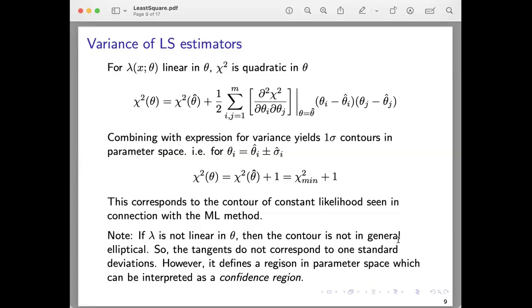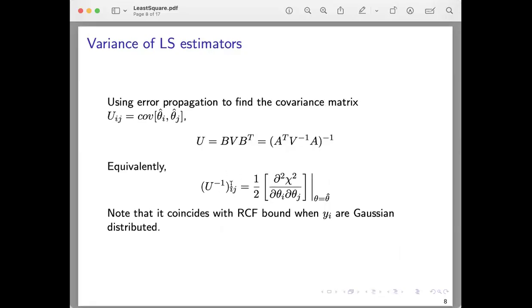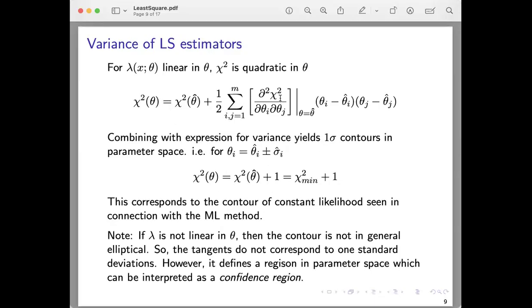So what will remain is the second derivative term, right? Now, if you combine this expression with the variance here, you can see that when you vary theta by its one standard deviation sigma I, the chi-square changes from its minimum value by 1.